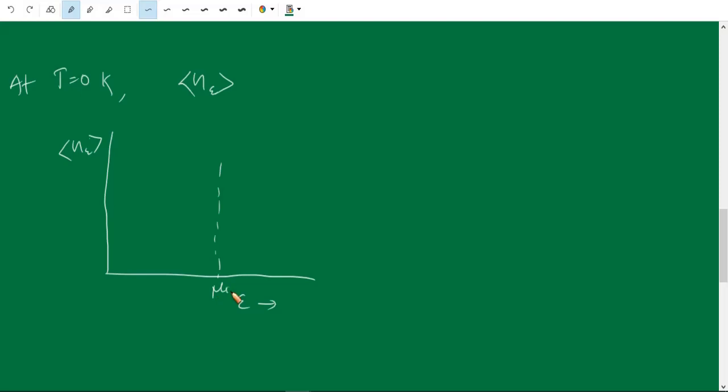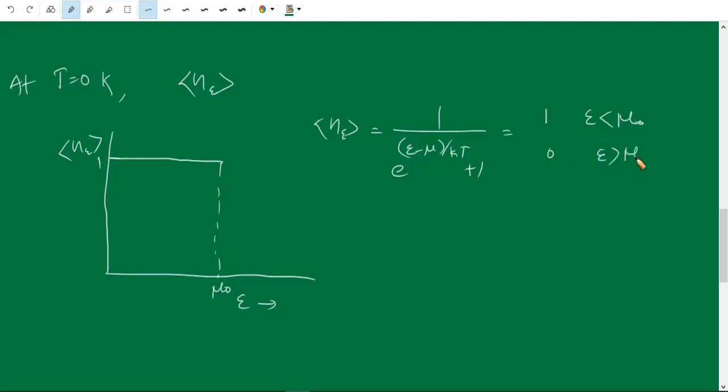Here this is mu 0, and the mean occupation number is given by 1 divided by e raised to (E minus mu) by kT plus 1. This value is equal to 1 when E is less than mu 0. If the energy is greater than mu 0, this value becomes 0. This is the graph at T equal to 0 Kelvin.